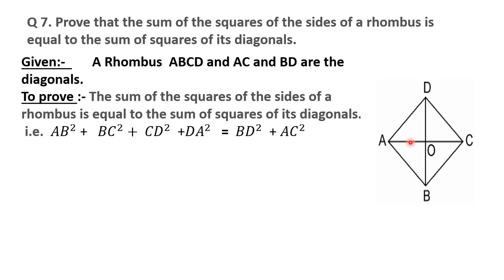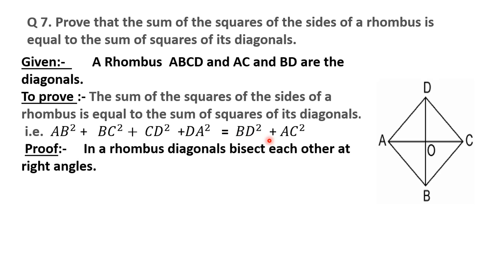Mathematically, we can write AB square plus BC square plus CD square plus DA square is equal to BD square plus AC square. That is, the sum of the squares of all four sides is equal to the sum of the squares of its diagonals. For proving, we know that ABCD is a rhombus and the diagonals of a rhombus bisect each other at right angles.